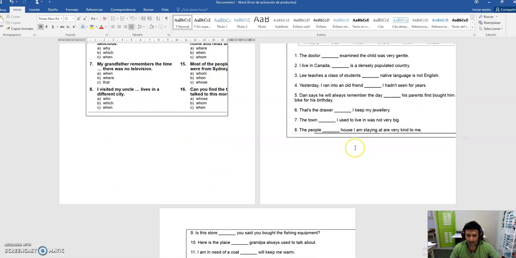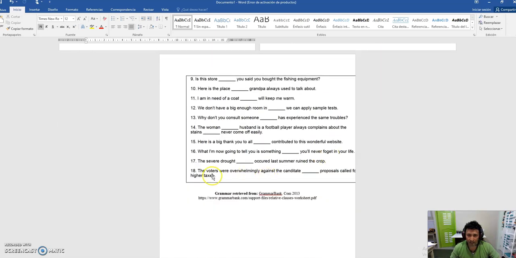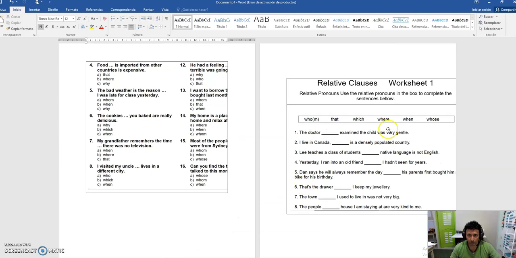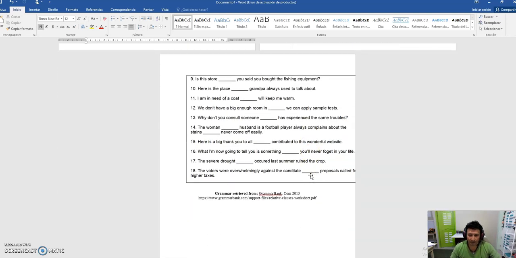See? We have 18 questions. You see, the last question is the longest question. The voters were overwhelmingly against the candidate proposal called for higher taxes. They have to choose one of them. That is my working material.